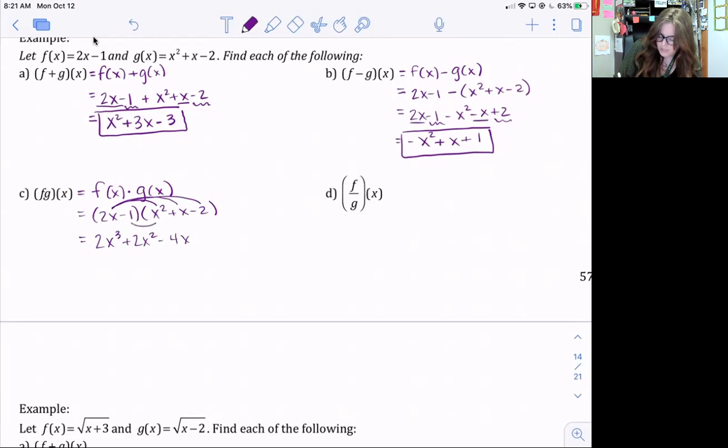Negative 1 times x squared, I'm going to stack mine, so negative 1x squared. Negative 1 times x is a negative 1x. And negative 1 times negative 2 is a positive 2. So now if we combine like terms, we have 2x cubed plus 1x squared minus 5x plus 2.